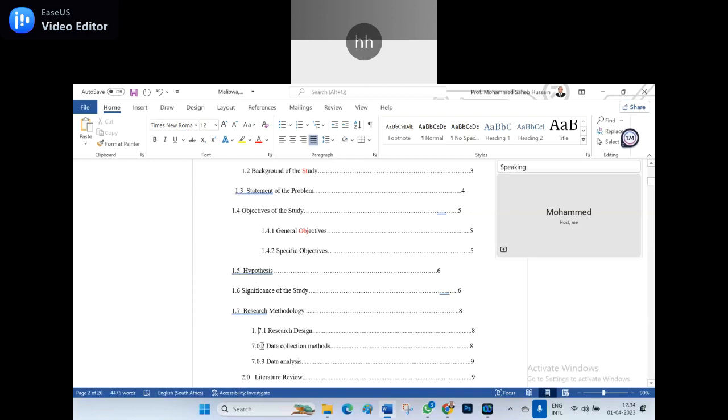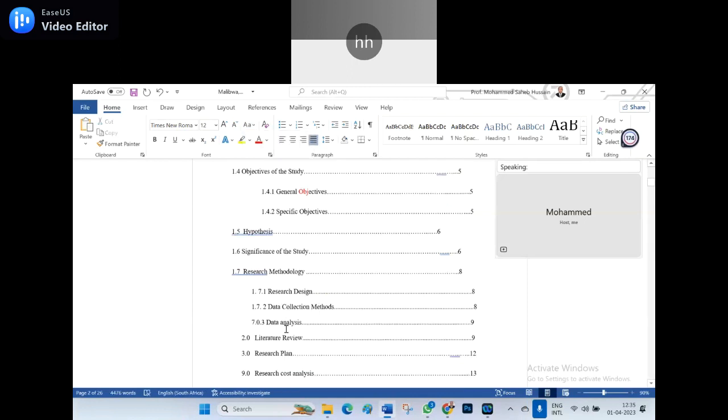Again it will become 1.7.2, data collection, C capital letter and M capital letter. Is it clear? And then data analysis comes as 1.7.3. There you have to write data analysis, D capital letter you rightly mentioned, but the A should be a capital letter. Analysis should be a capital letter.